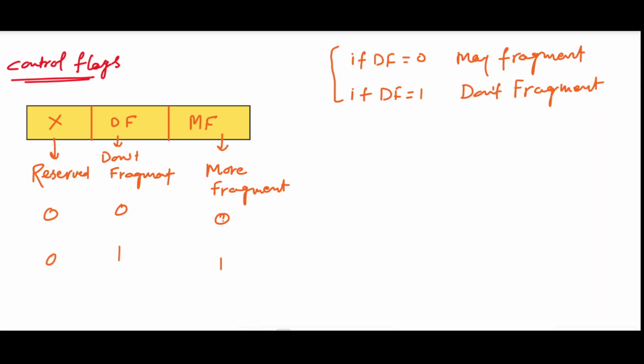More fragment is 0 means off, we do not need any more fragments, so we will use 0. So we can say that if the more fragment field is set to 0, this is the last fragment.